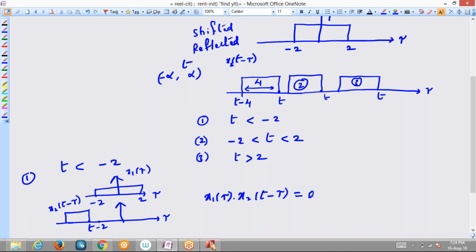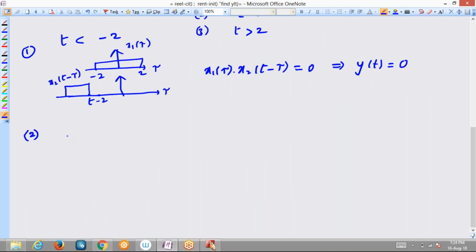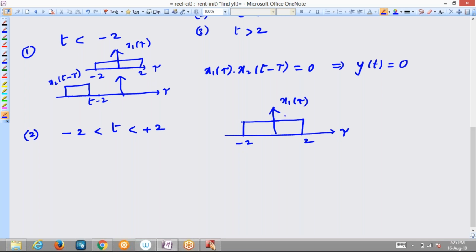Let us consider the second case: minus 2 less than t less than plus 2. In this case, if we consider x1 of tau, that is from minus 2 to plus 2, and x2 of t minus tau, so t should be in the range minus 2 to plus 2.